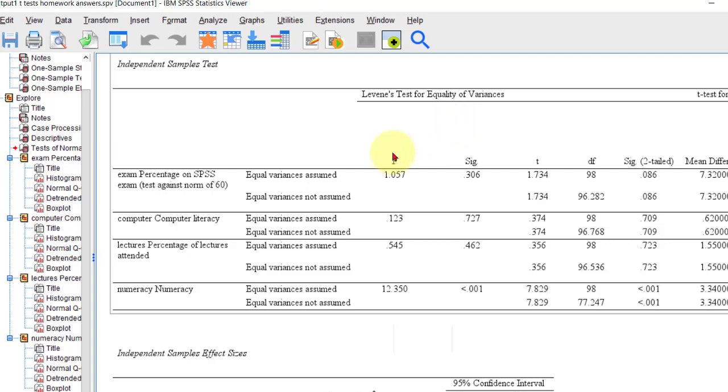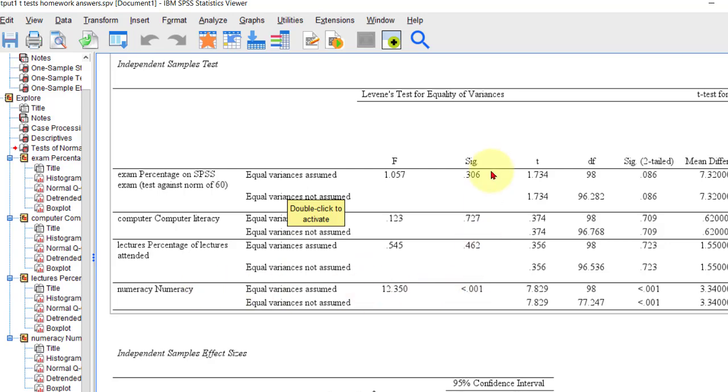So this first one, for the exam scores, the variance in the exam scores for the Sussex students is relatively the same as the variance in the exam scores for the Dunstown students. If this number was less than 0.05, that would have been violated, and you can see down here that for numeracy, it was violated. In other words, the variance between the two schools for their numeracy scores was not similar, so it violated that assumption.